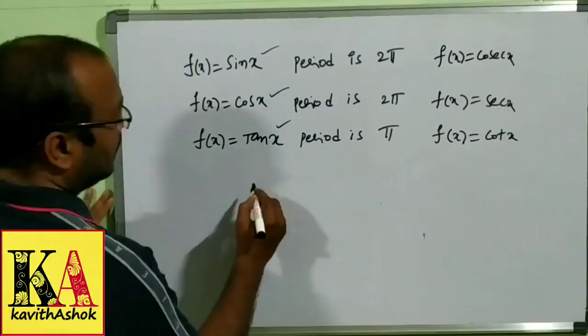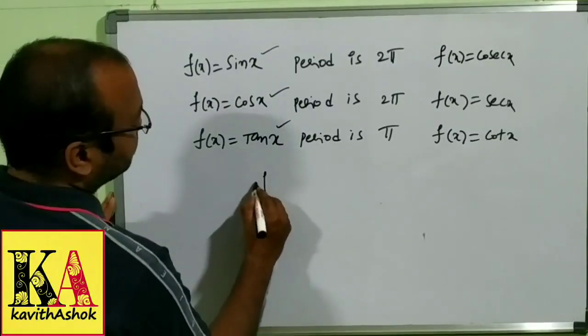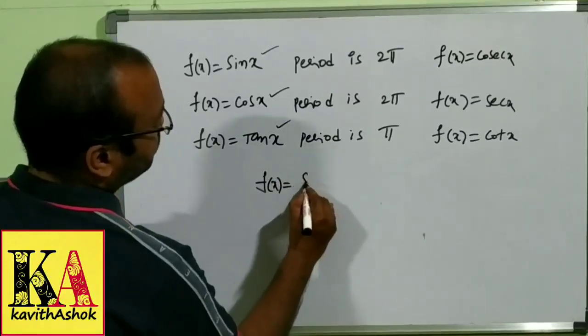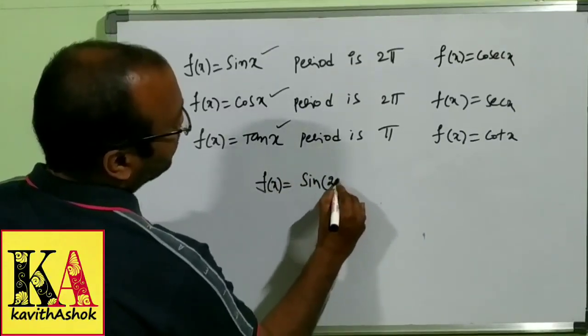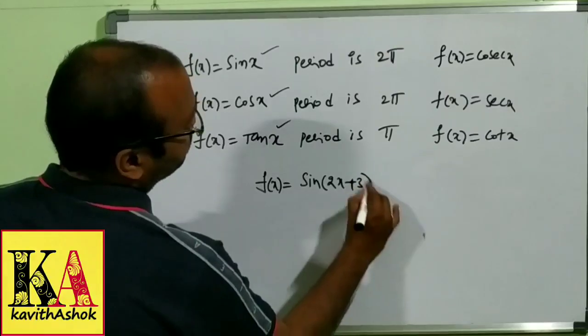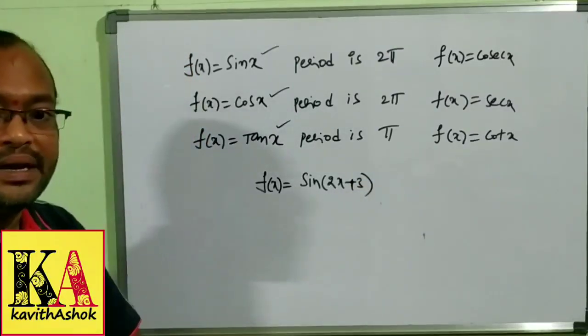Right. Sometimes we will get a function like f of x equal to sin 2x plus 3. Then how can we calculate the period?